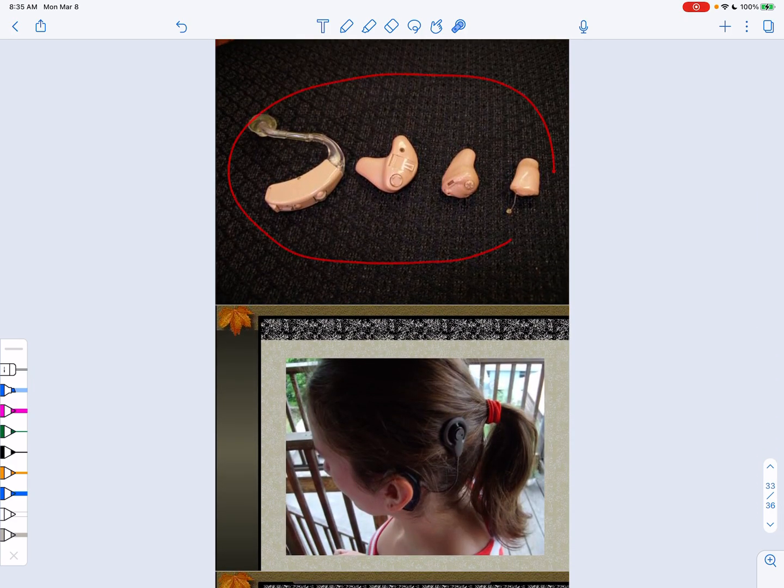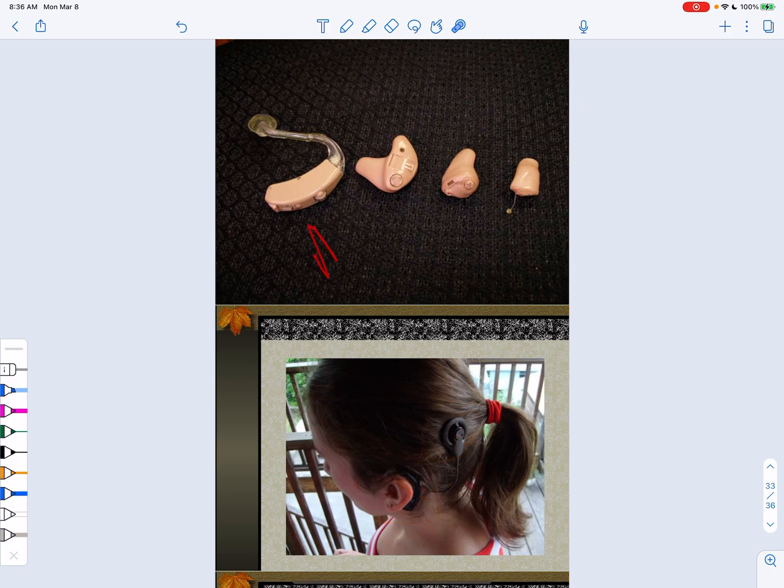This top picture here is what hearing aids have looked like over the years. And this one right here was very large considering, and it would go over the back of the ear, and you can see kind of what it would look like there. Now the young lady with the ponytail there, this is actually part of what we call a cochlear implant.